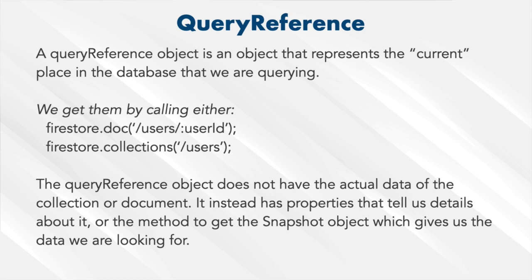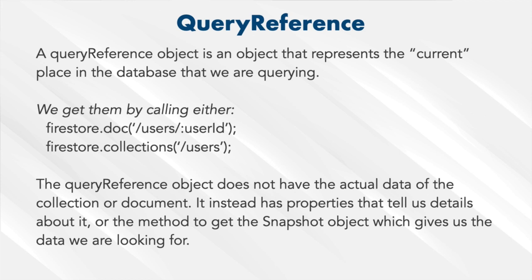We do it by calling firestore.doc and then passing it the path to that document, such as users/ and then the user ID. Or we get it at a collection path by calling firestore.collection and then the path to the collection, /users, for example. A query reference object does not have the actual data, though, of either the collection or the document. It just represents the place in that path in our database.